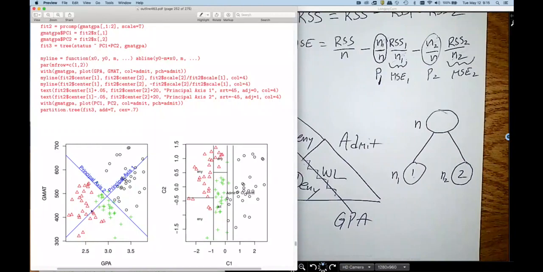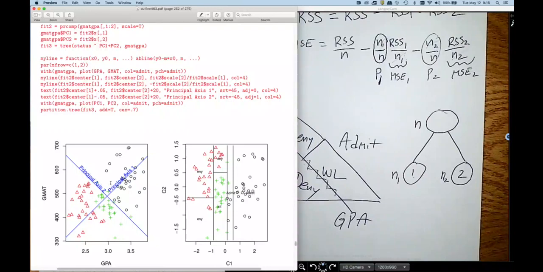And we have a new set of axes, these blue axes that are called the principal axes. So this is going to be the first principal axis. This will be the second principal axis. So instead of me using a tree method with the original coordinates expressed as the GPA and GMAT scores, what if I used the first two principal axes coordinates?